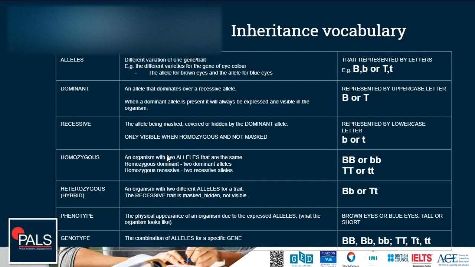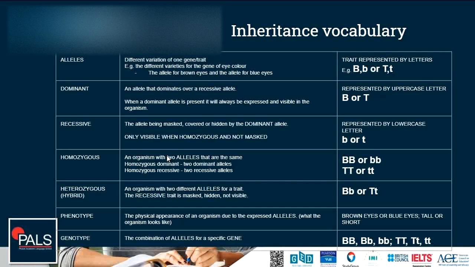Two more terms, phenotype and genotype. Phenotype is the physical appearance of an organism, which comes from the expressed alleles, and as well the effects of the environment on the organism.